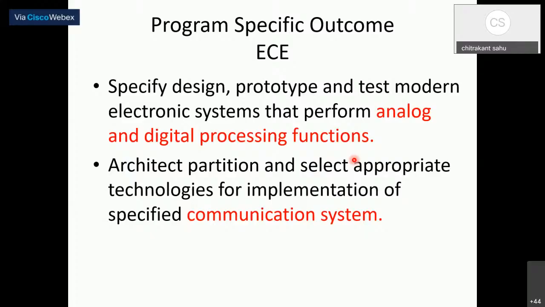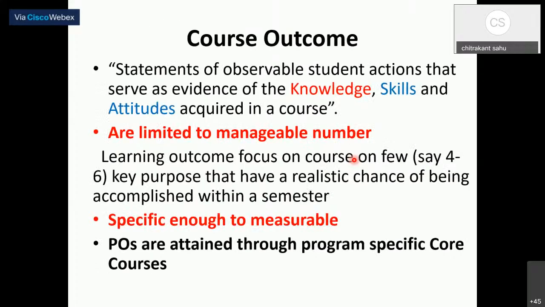The second example: architect, partition, and select appropriate technologies for implementation of a specified communication system. This can be another, because they study different communication modules in the 1 to 4 years of their graduation, and are able to implement a good communication system after 4 years of study. So that is called the program specific outcome.